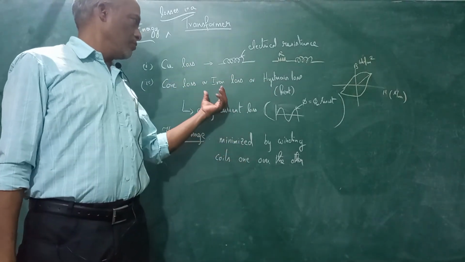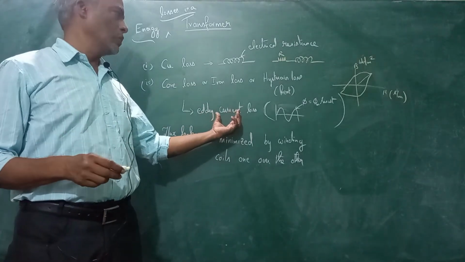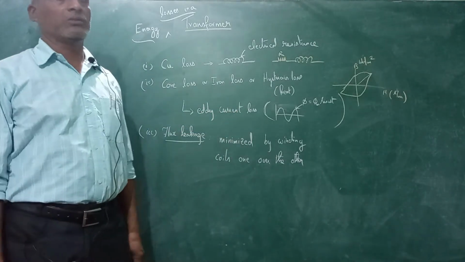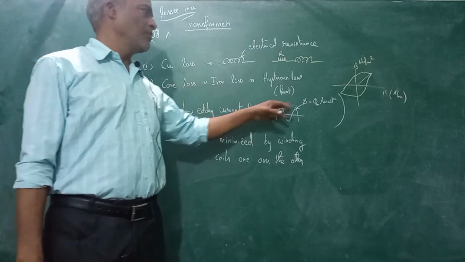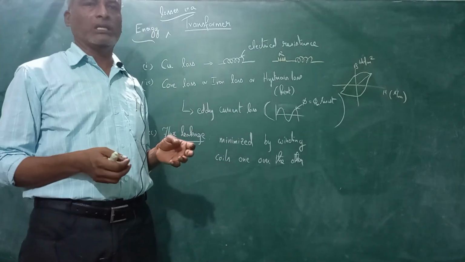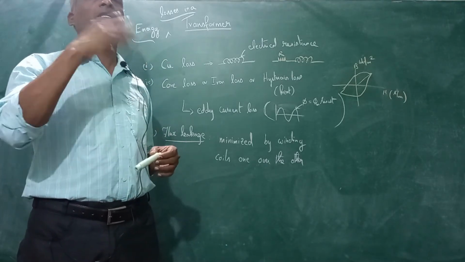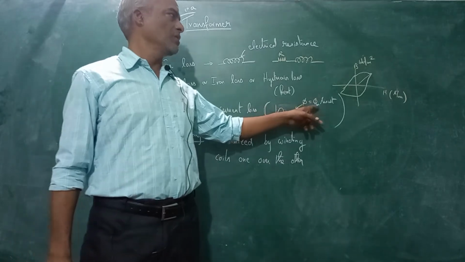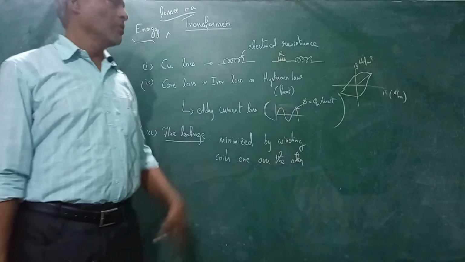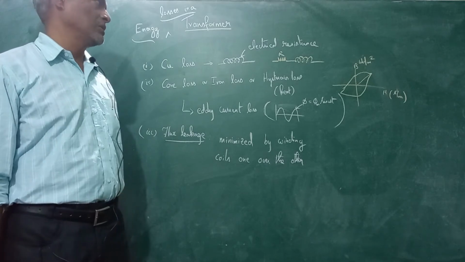In the core, eddy current flows inside the core, so we call it eddy current loss. What is that eddy current loss? Primary and secondary get linked by mutual induction, and we are supplying an alternating field. Therefore, the flux also alternates, that is, phi is equal to phi max sin omega t. Because of that, eddy current flows within the core itself, and that is a loss.